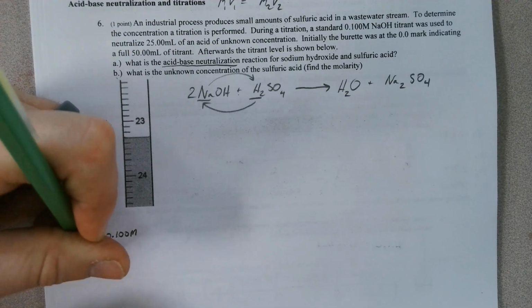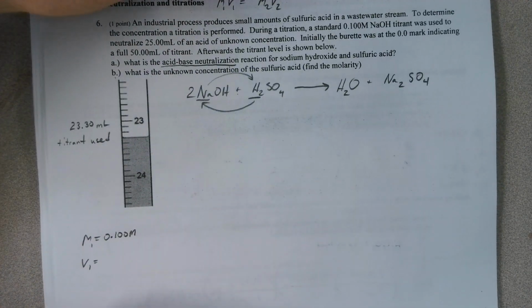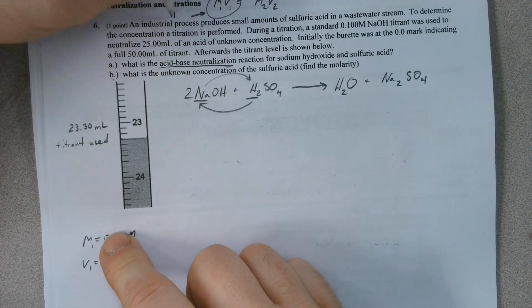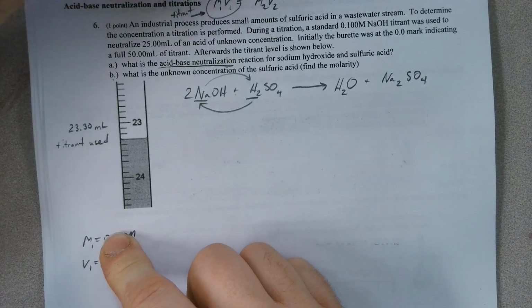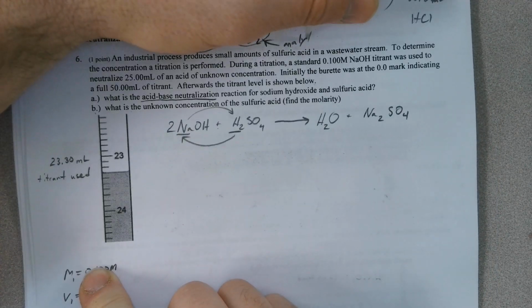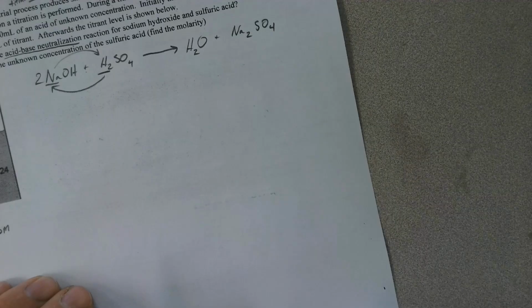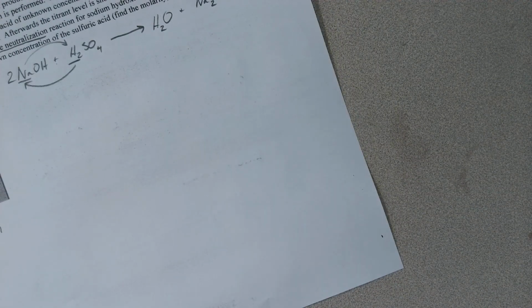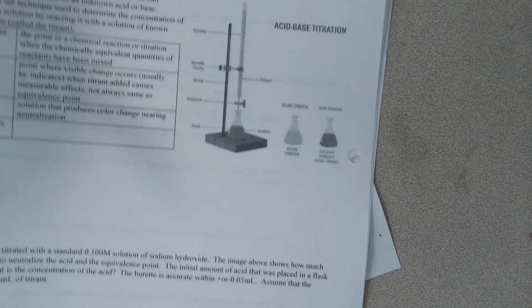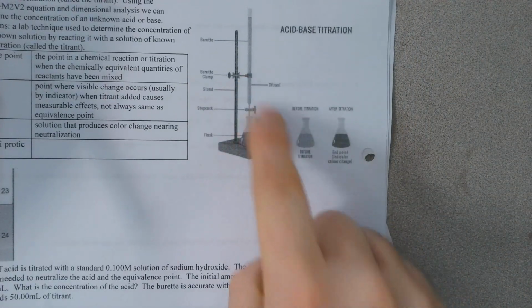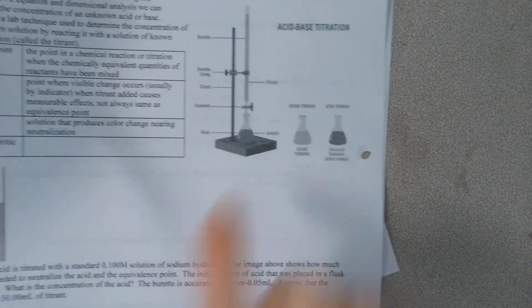So that's going to give me my initial volume. Recall that M1V1 is our titrant, and M2V2 is going to refer to our analyte. It's helpful to visualize what that's showing you as a point of reference, because in a titration, the titrant is in the burette, and the analyte is in the conical flask.